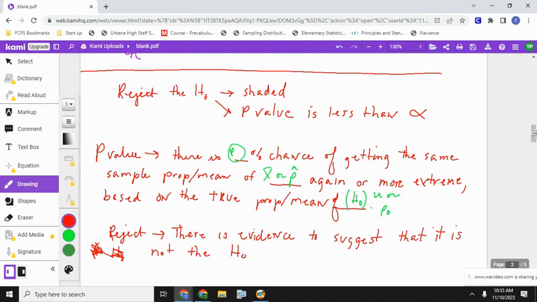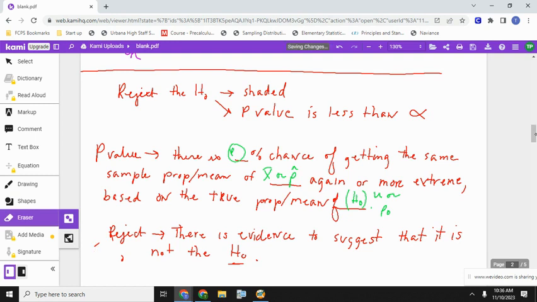Let's say the sentence that way. Whatever the H0 is, if it's a mean, you say it's not the mean. It's not the proportion. You're trying to reject that center, right? That's what you're doing when you're rejecting.